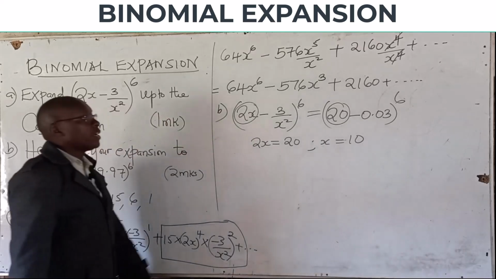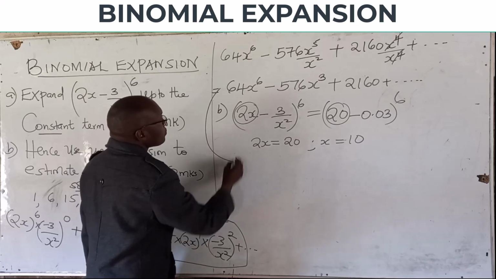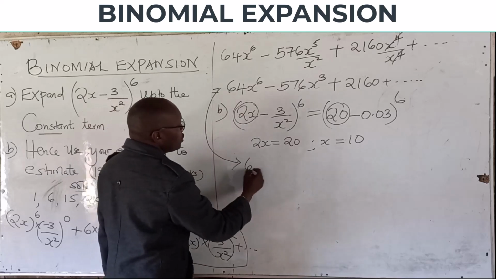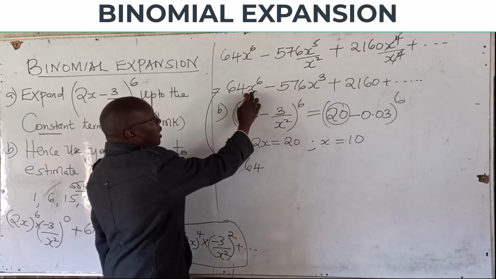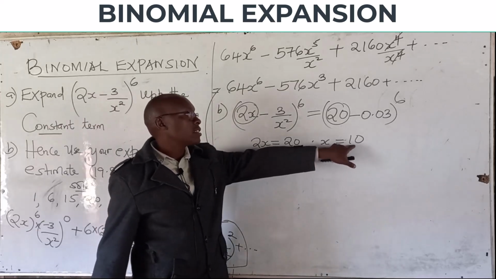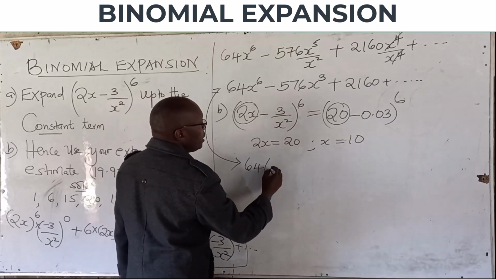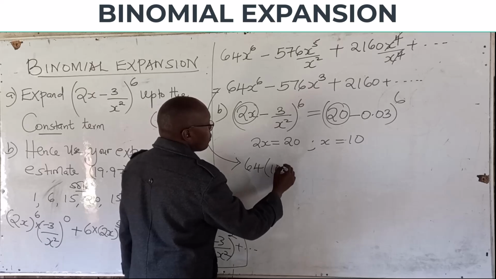Once you get x is 10, the next thing you do, you simply take this expansion here. This is what you're using, 64. Where we have x, you can substitute that one with 10. You have obtained x is 10. So simply take 64, and then this will be 10 raised to power 6.